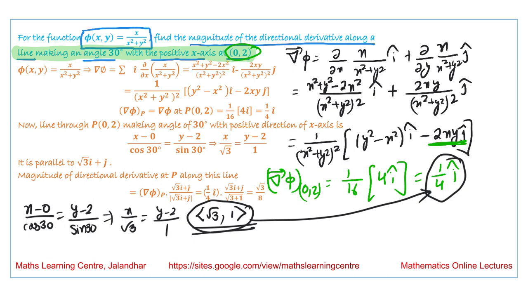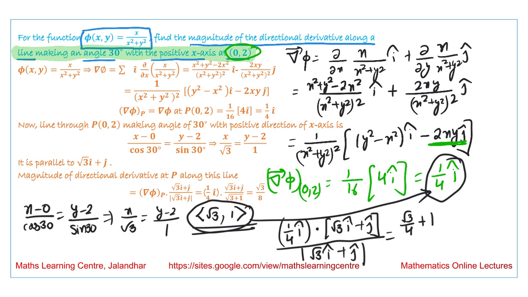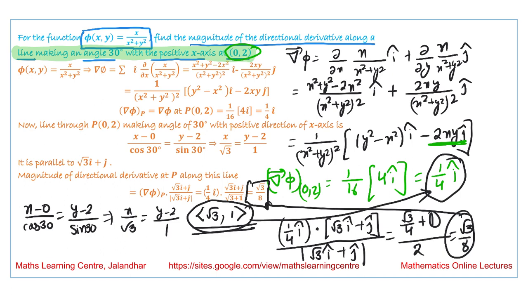The value we obtain is 1 by 4 I cap dot root 3 I cap plus j cap, divided by the mod of root 3 I cap plus j cap. The answer is root 3 by 4 plus 0, divided by the square root of 3 plus 1, which is 2. So we get root 3 by 8. This is the value of the directional derivative along this line.